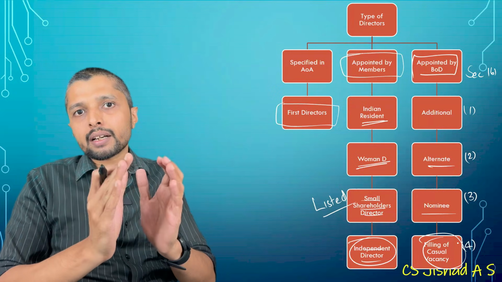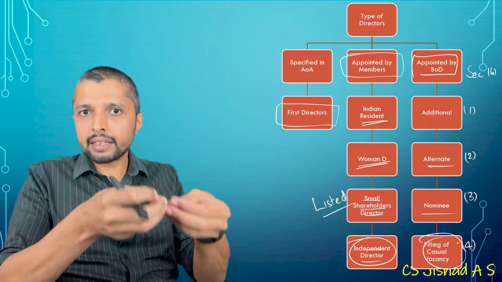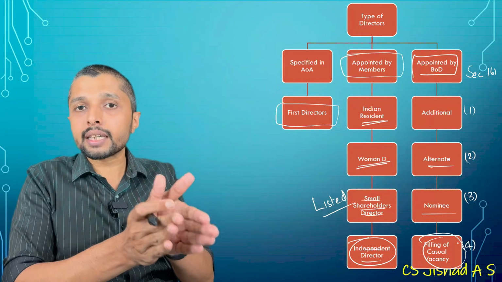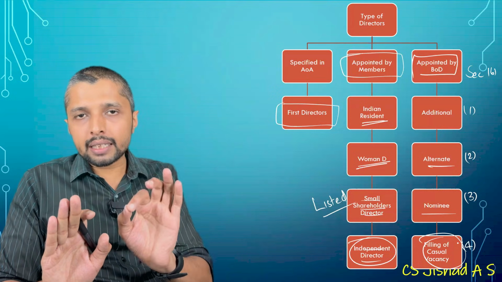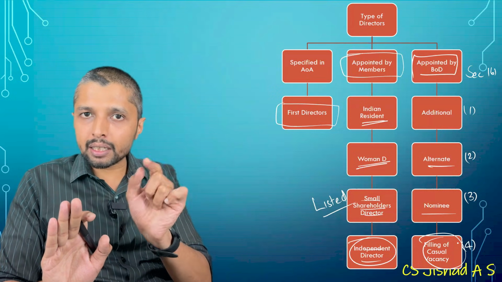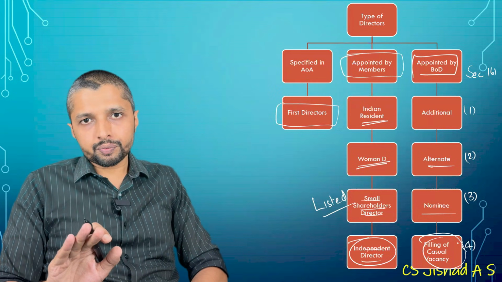So if one director is appointed by the board and there is a casual vacancy, suppose due to resignation, that vacancy can be filled by the board. The board cannot fill the vacancy of a director who was not originally appointed by the board of directors.